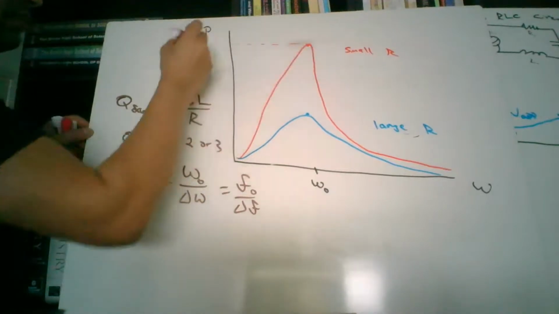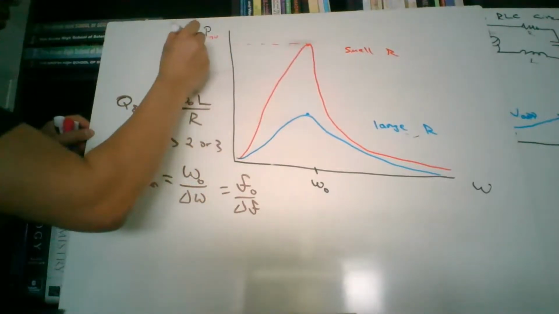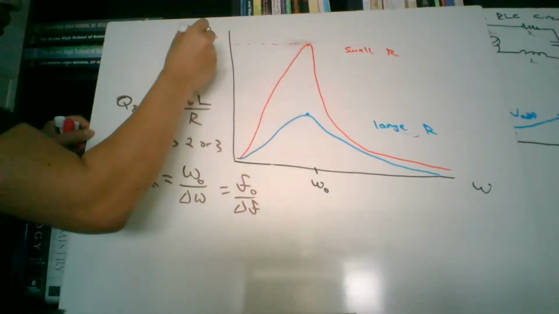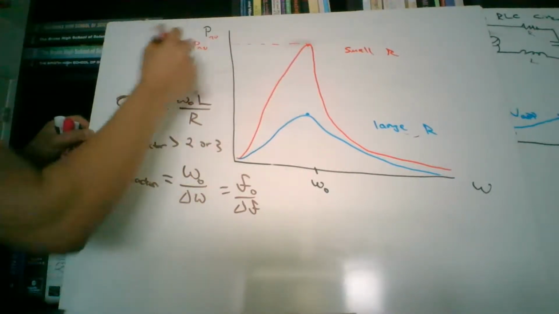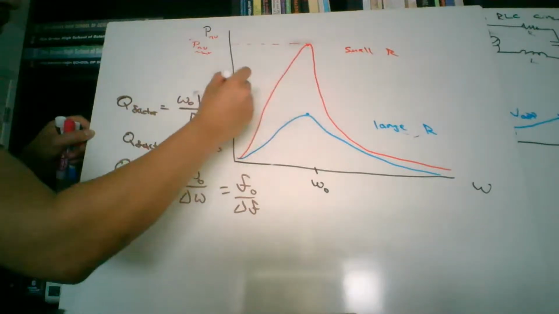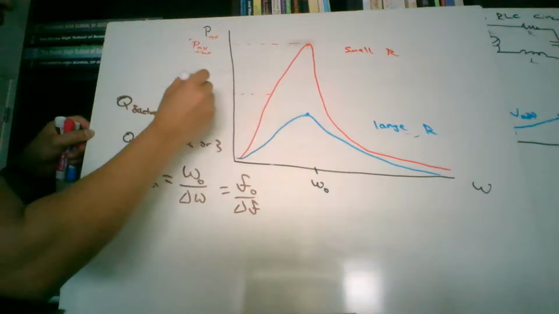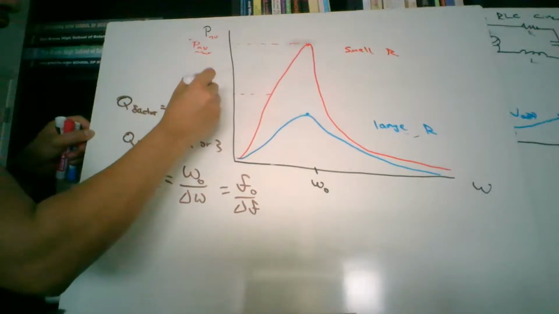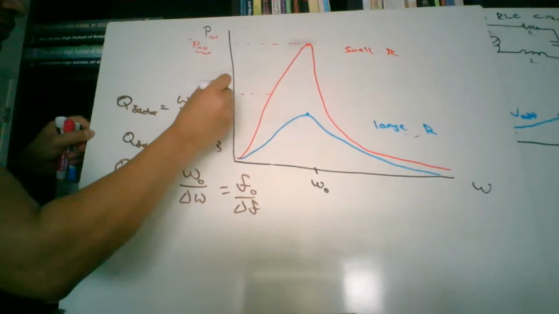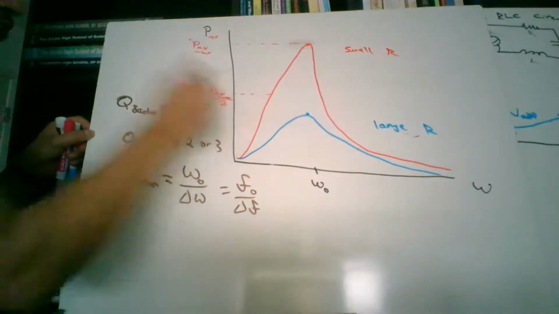This right here is the average power, by the way. So this would be the average power max for this red. And what we do is we go halfway to the average power max, which is right here. This would be average power max divided by 2.